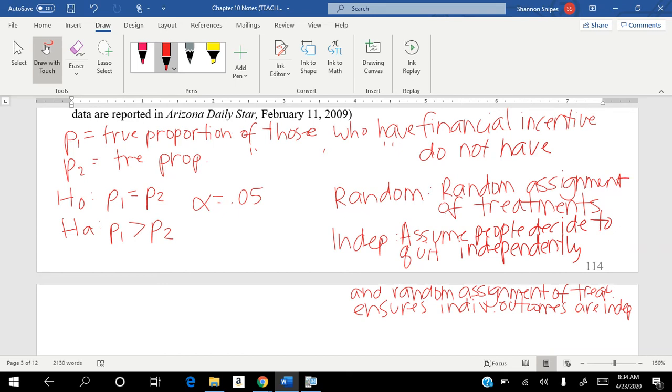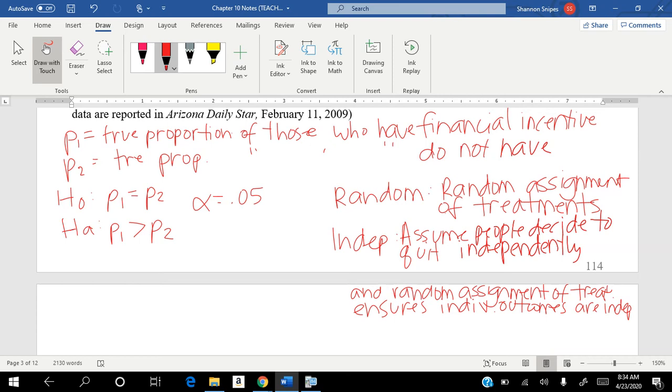Anyway. So when you're checking the independence condition for experiments, again, remember independence, we have to be checking two things. We have to check that the two groups are independent of each other and that the individual observations inside of those two samples are independent of each other. So the two groups, or the volunteers for the experiment, are deciding to quit independently of other people. We have to make that assumption.